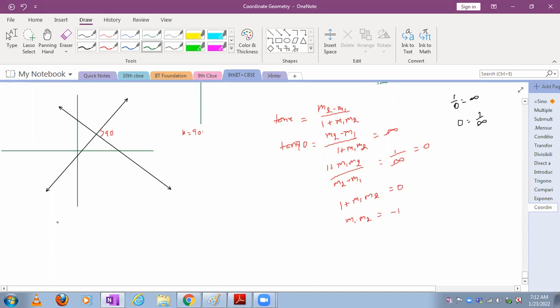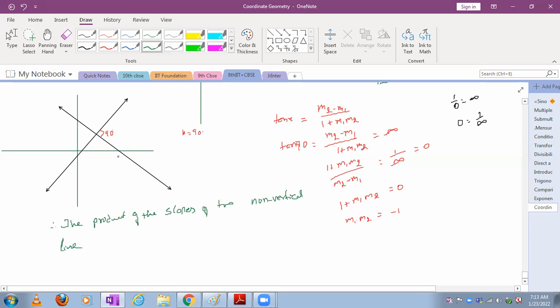So the product of the slopes of two non-vertical lines. Non-vertical lines means except the x-axis, the y-axis, and lines parallel to the x-axis or y-axis, I am taking.